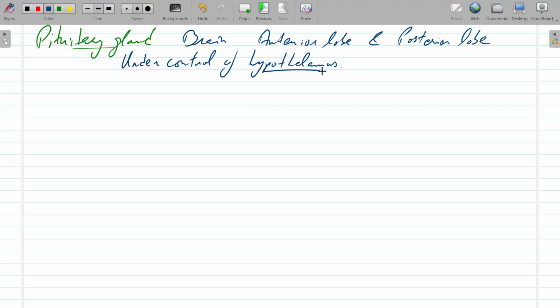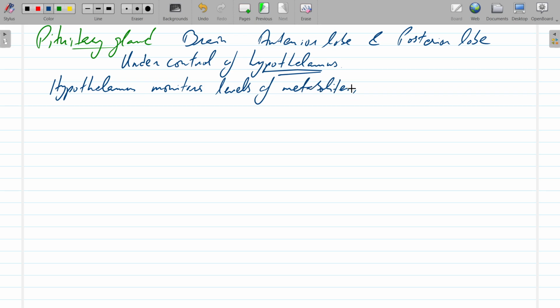Alright, so the hypothalamus monitors, because blood is obviously present throughout the body and very much so in the brain, and so it monitors the levels of metabolites, hormones, and other chemicals in the blood.